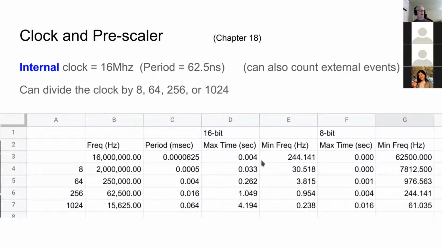The minimum frequency would be by counting all the way up to 65536. Then we divide by 8. Of course, it's 2 megahertz, all the way down to dividing by 1024, we get 15.6 kilohertz frequency. And down here, the period is 64 microseconds, 0.064 milliseconds, the clock period. But the maximum time we can count up to is already 4.2 seconds.